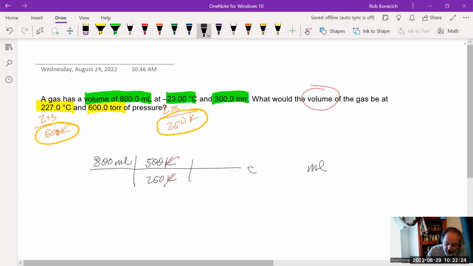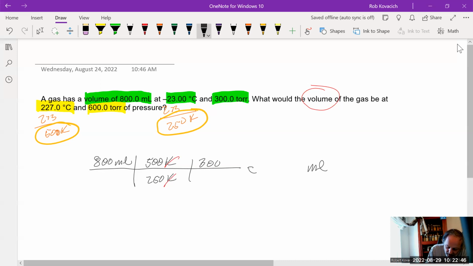All right. So I'm going to do the same thing with my pressure. The pressure was 300 torr and now the pressure is 600 torr. So I'm crushing it, and that's going to make this thing smaller. So I'm going to need to make the 800 a smaller number.